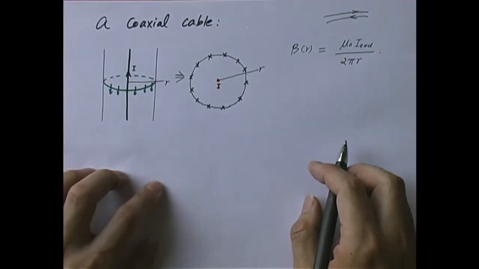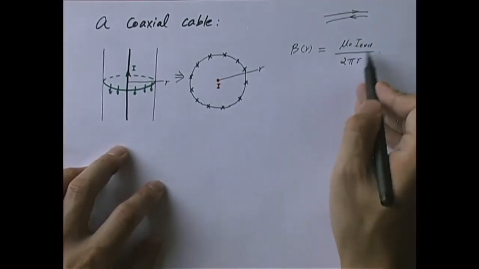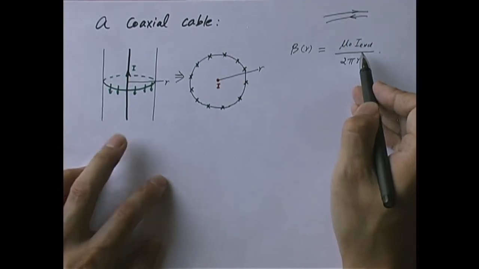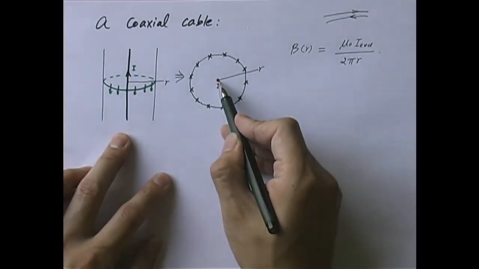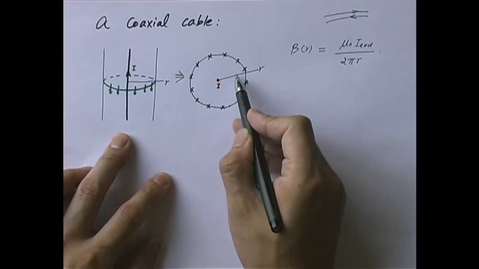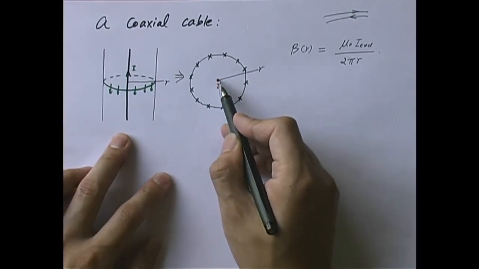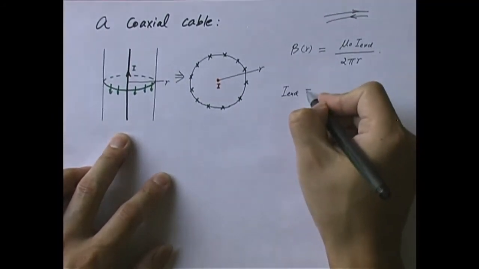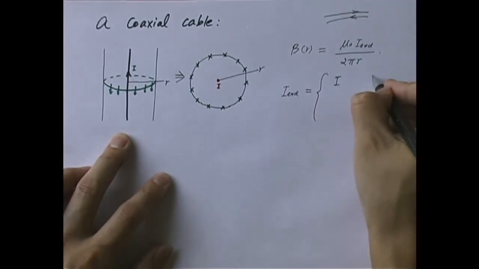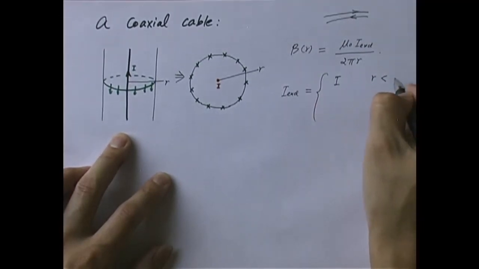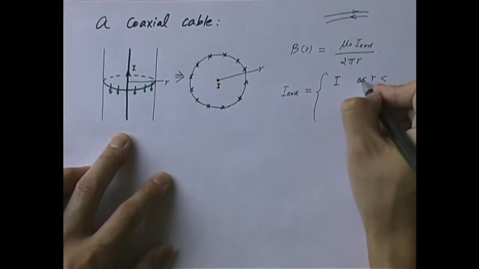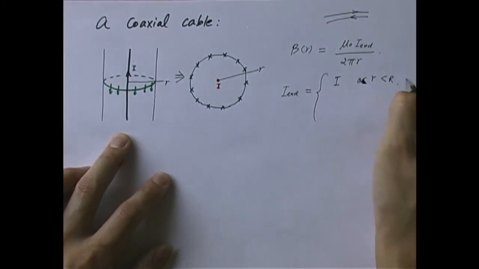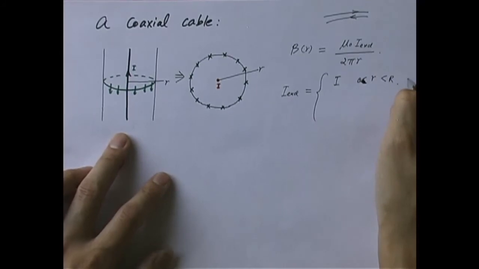Again, the only difference is how we calculate I enclosed. Now this time, if you're inside, do you still enclose nothing? Oh, not true. You enclose the current I, right? So I enclosed equals I if r is less than the radius, right?